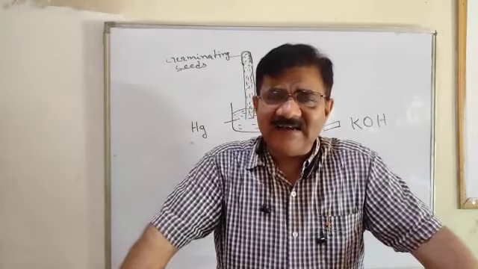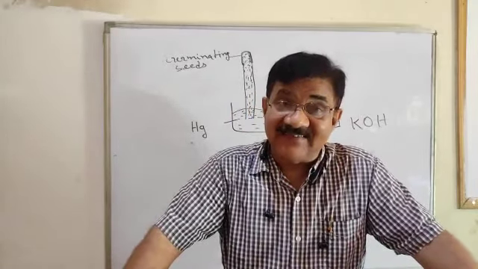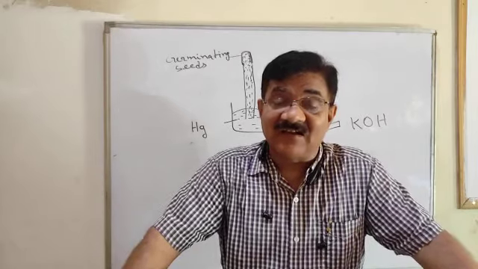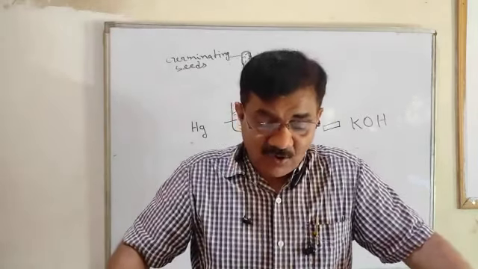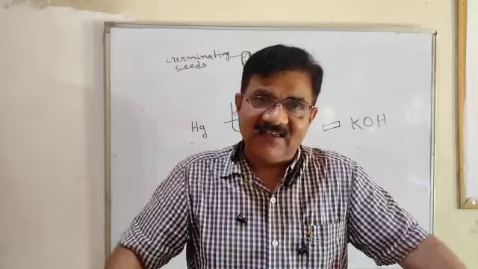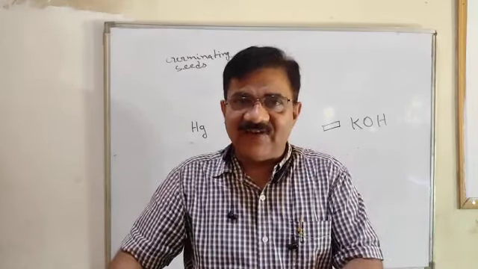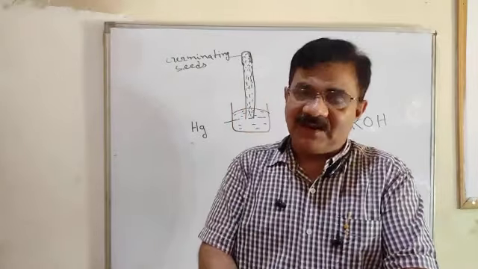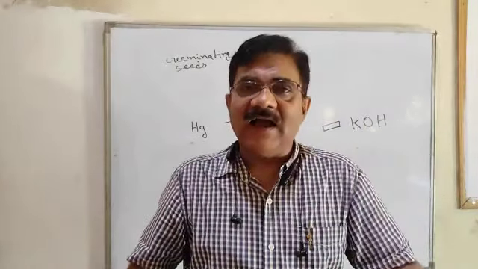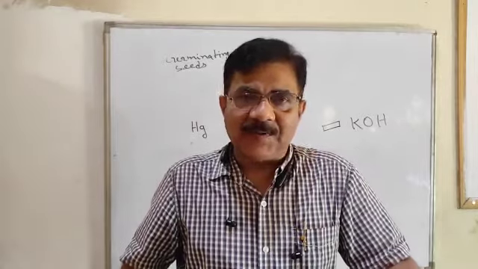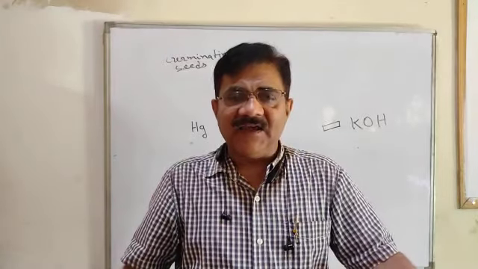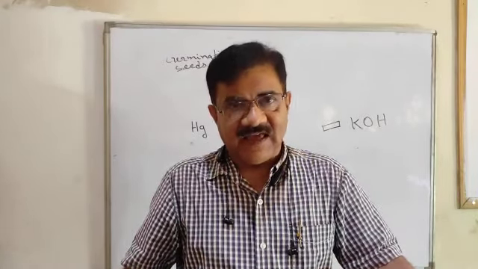Now in plants, less amount of heat is released during respiration, but in animals, more amount of heat is released during respiration. So dear children, we have finished the topic respiration in plants, and learn it properly and get ready for the next video. Thank you very much.